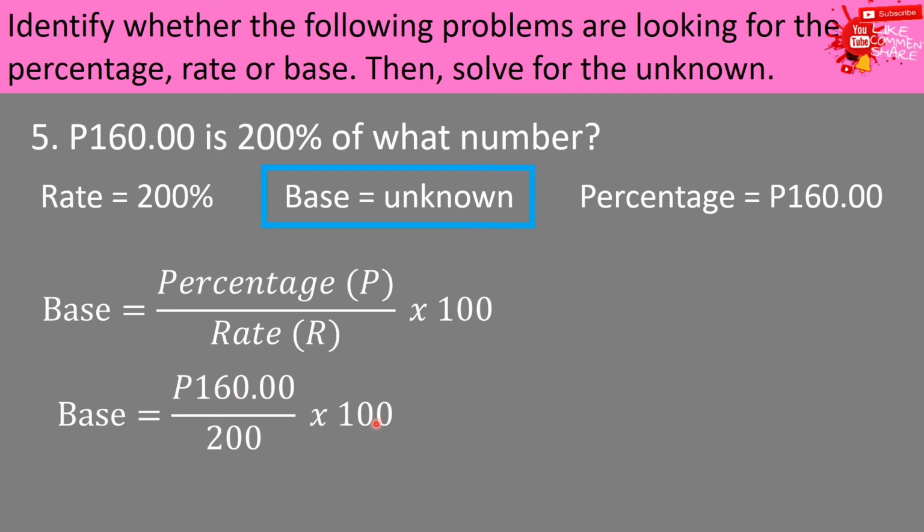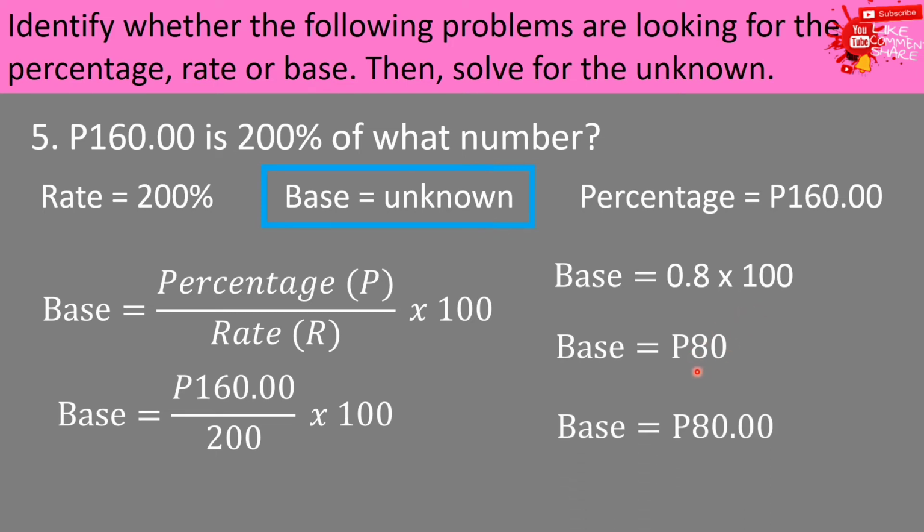So, what is 160 divided by 200? 160 divided by 200 is 0.8. Then, multiplied by 100, 0.8 times 100 is 80. So, 80 pesos, and we can also rewrite it as 80.00. Our value for the base is 80 pesos.